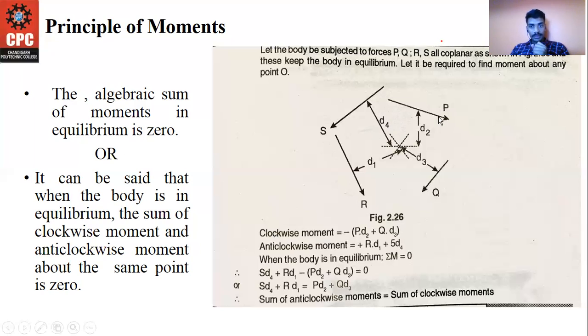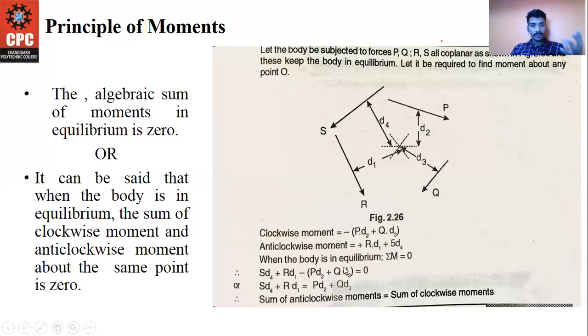So negative P into this horizontal distance, plus Q into D3. Now the anti-clockwise moment is positive: R into D1 plus S into D4. Here it should be S, the slide has a 5 written by mistake.